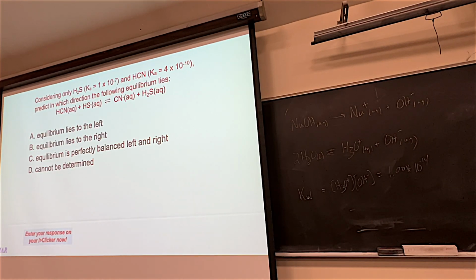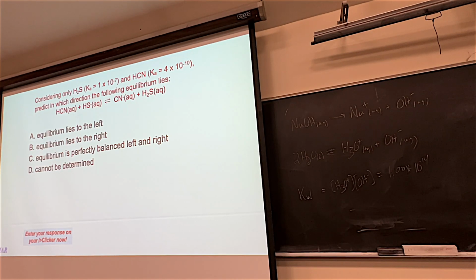Okay. Here's a question. It's kind of like the first one we did, or the second one, I guess. We have H2S and HCN, which both have a Ka. The question is, what's the K value for this reaction right here? Again, you're going to write the Ka expressions for both of these. You'll probably end up flipping one of them around to get this expression, and you can combine the Ks.